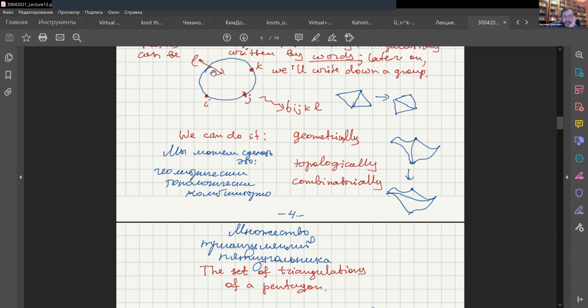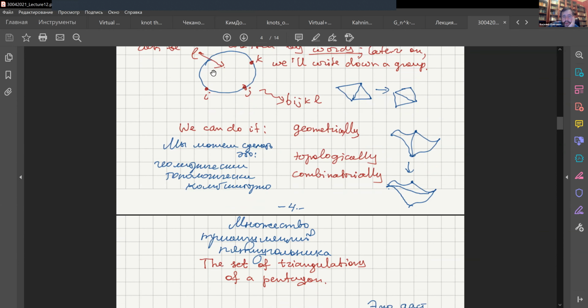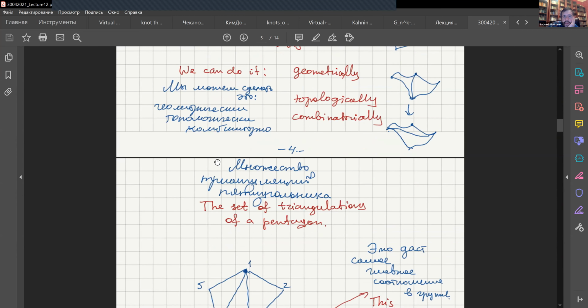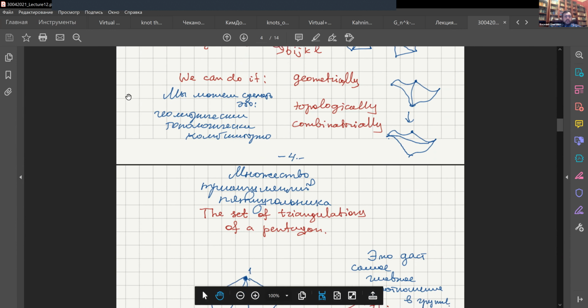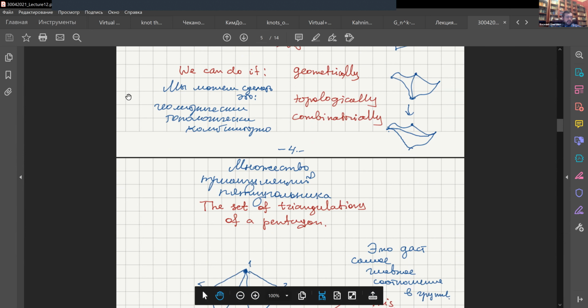So later we will associate some manifold of triangulations to any topological manifold or maybe any smooth manifold, and we will get some non-simply connected invariant of the manifold. And now, in order to go further, we have to analyze triangulations of polygons, and this will give rise to some very nice notions, both in combinatorics and in geometry.